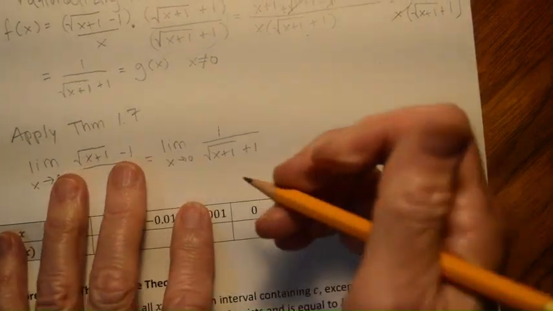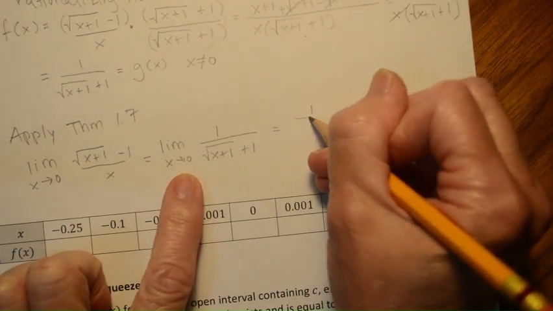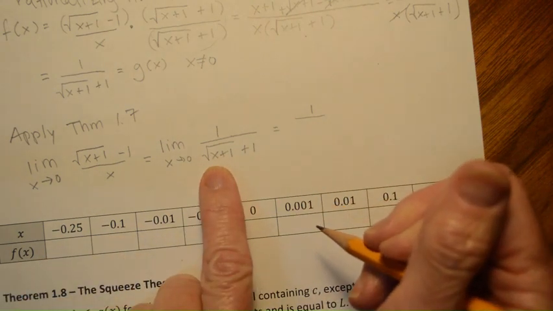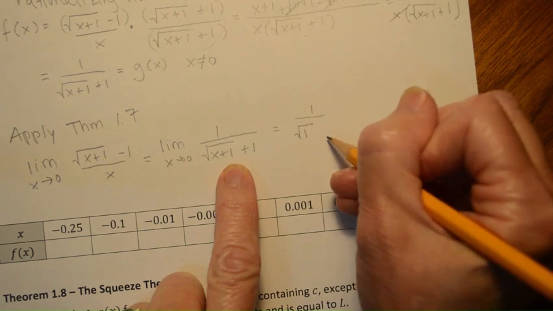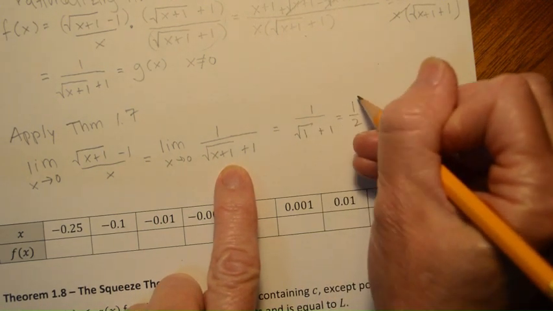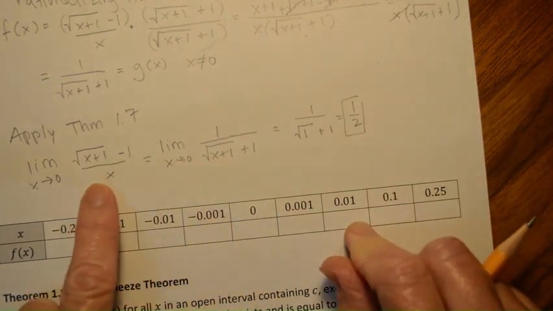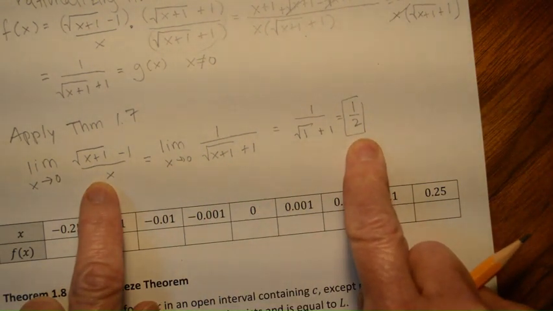And then I'm just going to do direct substitution. So here I'll end up with 1 over, I plug 0 in there, and I get 0 plus 1 is 1. So this ends up being square root of 1 plus 1, which ends up being 1/2. So the limit of this is the same as the limit of this, which is 1/2.